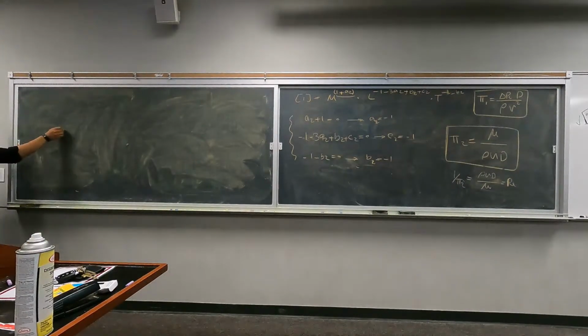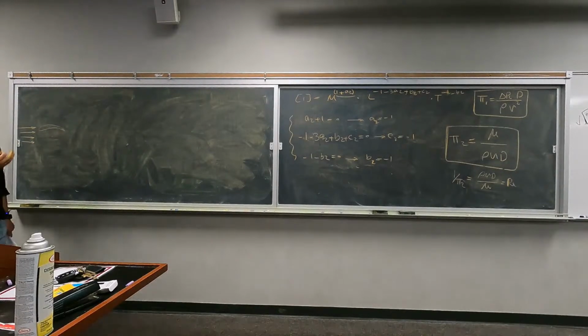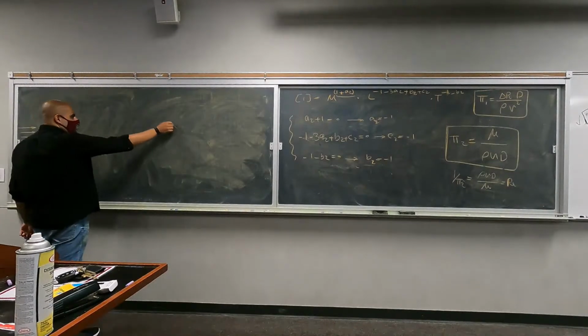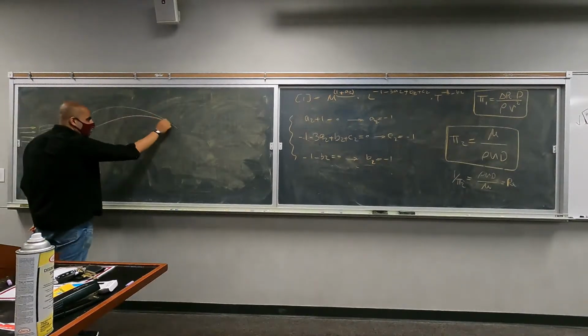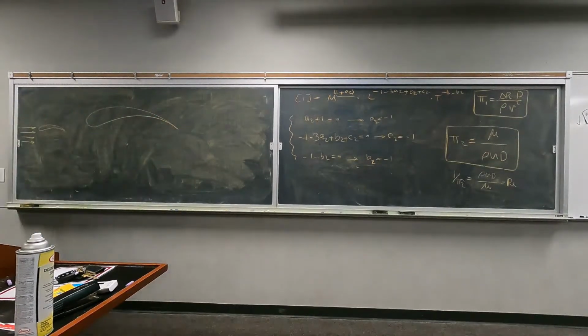You can test a small wing in a specific flow, and then you can apply the results of that study to a bigger wing, a real-world wing, as long as their important dimensionless parameters remain the same, right?